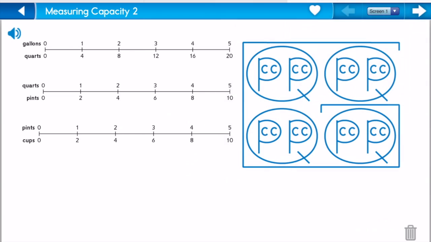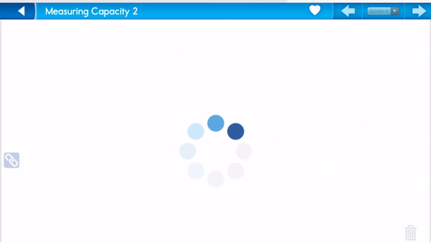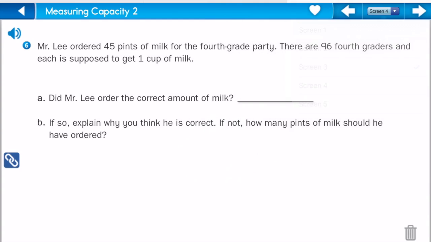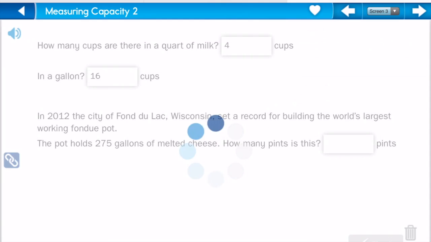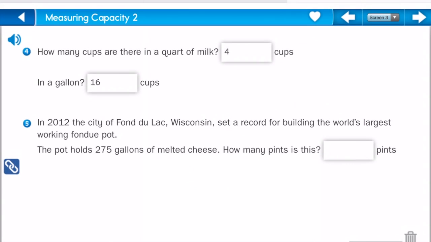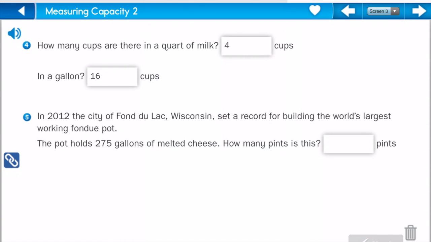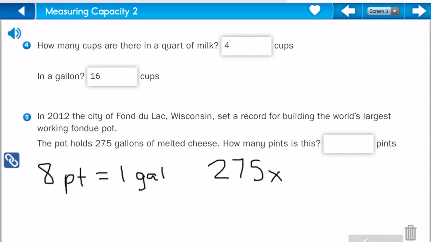So we're going to need to multiply 275 times 8. So let's try that.